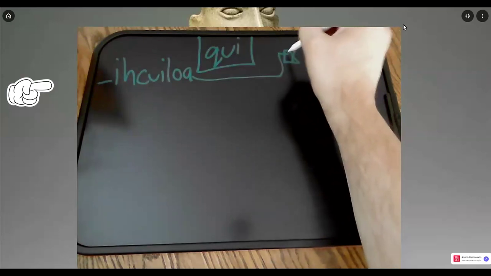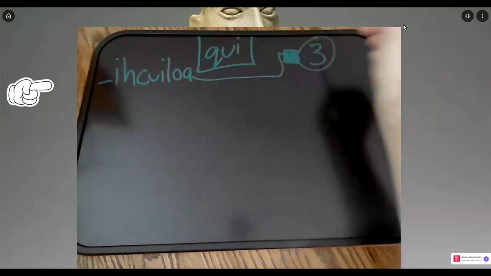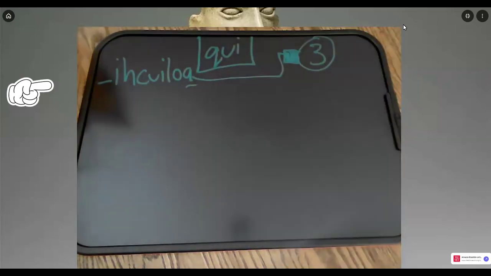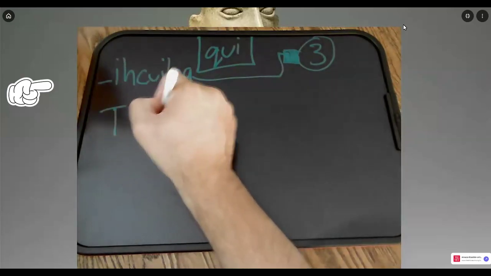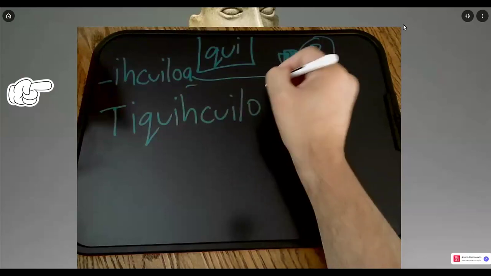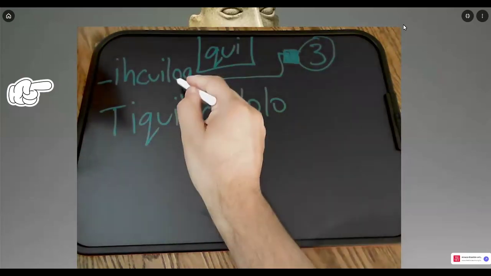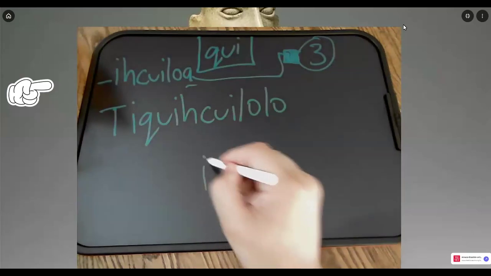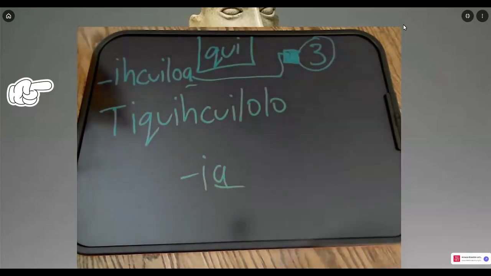It's supposed to be an arrow. Didn't turn out to be an arrow, but a class 3 verb, you drop the A in many cases. So for plural, it would be ti, ki, qui, lo. We drop the A. In many cases with class 3 verbs, meaning verbs in OA or IA, we drop that A.